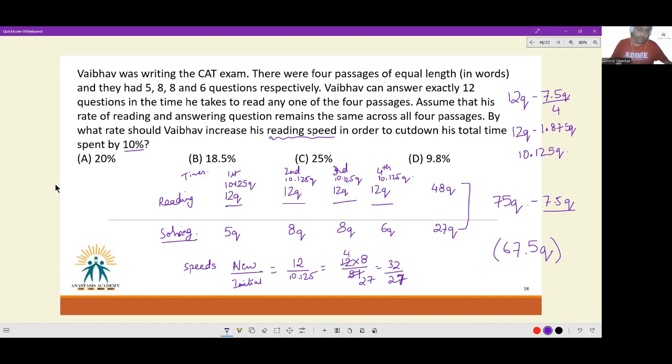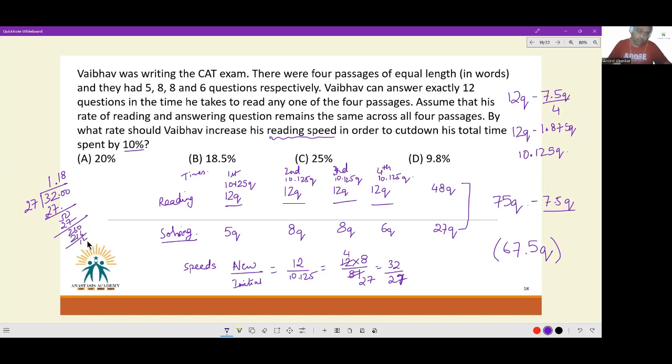So 32 by 27 purely in fractional terms will be 32 divided by 27. So at this time I can say this has to be the answer, but let me work further.